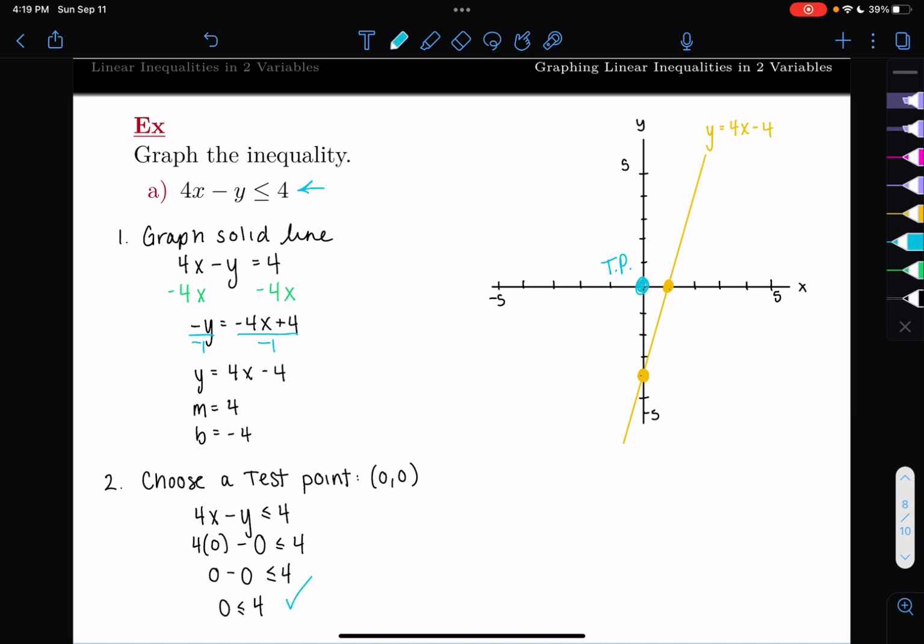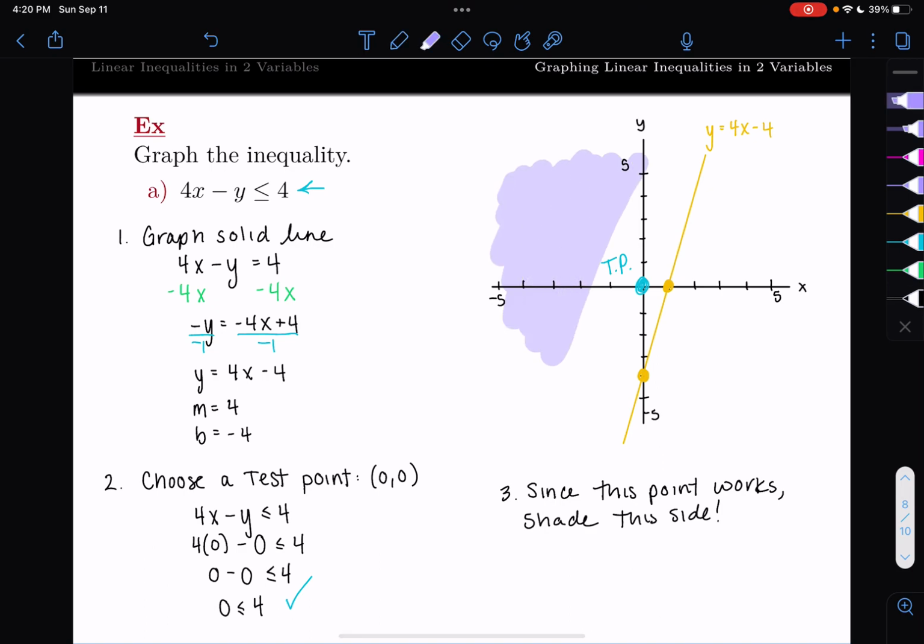So this point works. The third and final step is, since this point works, we shade this side. Every other point over here would satisfy the inequality.